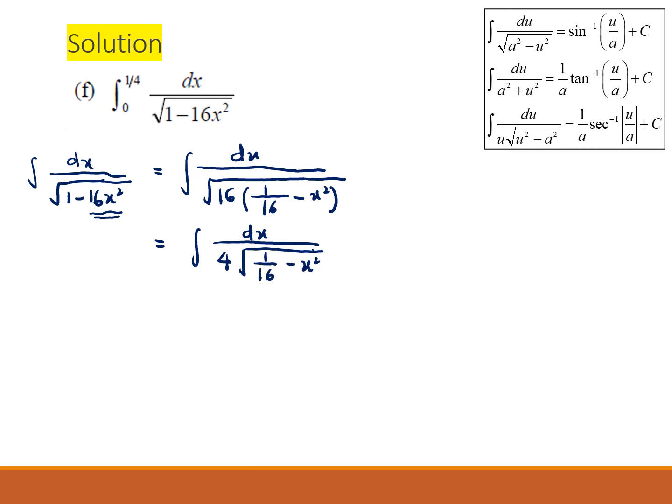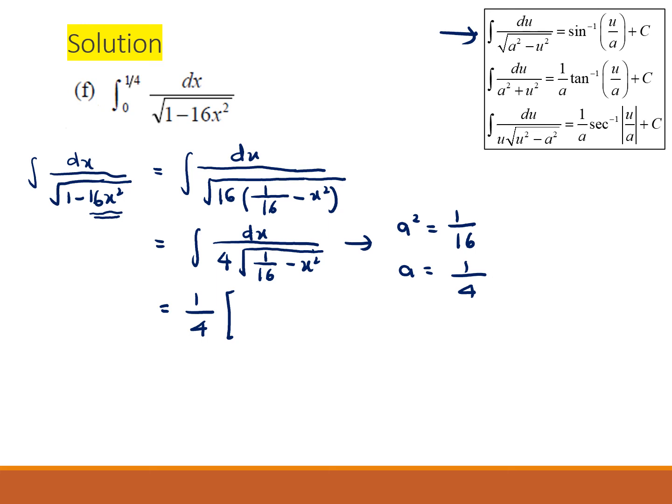Now you can see here it is the same form as the first formula, where you will get the arcsine. Now we take 1 over 4 out, and then from here we have a squared, which is 1 over 16. So our a will be square root of 1 over 16, which will be 1 over 4.